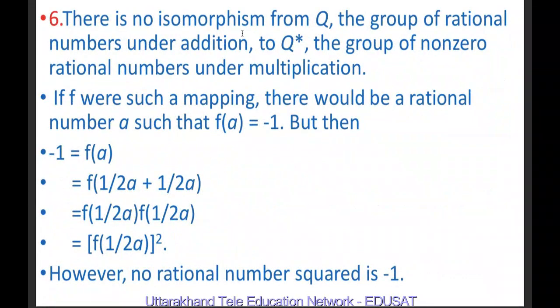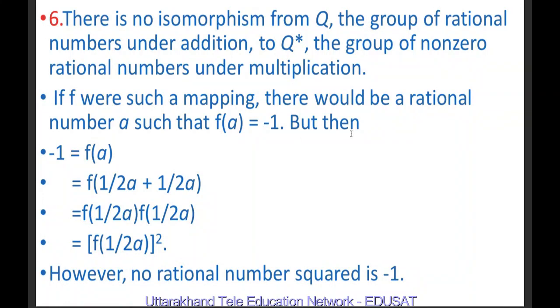Also there is no isomorphism from Q, the group of rational numbers under addition, to Q star, the group of non-zero rational numbers under multiplication. Here we have excluded 0 from the group of rational numbers, because if we include 0, then it will not be a group. So if f were such a mapping, then there would be a rational number a such that f of a equals -1.